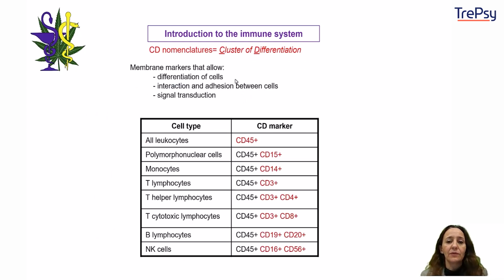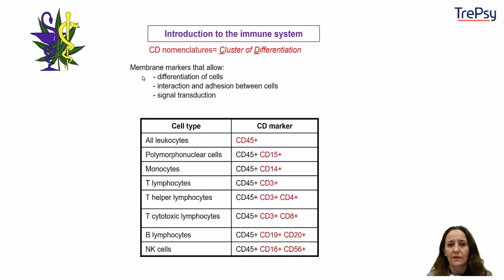It is very important in the immune system to know that CD is the cluster of differentiation, and these are the markers that we assign to different molecules that have a role in the immune system response.